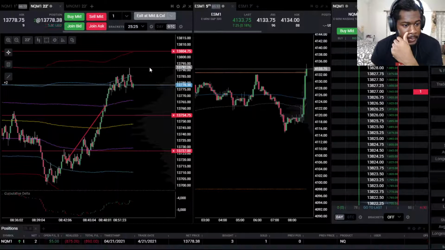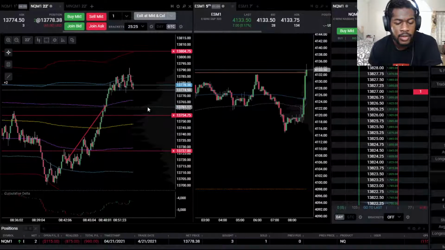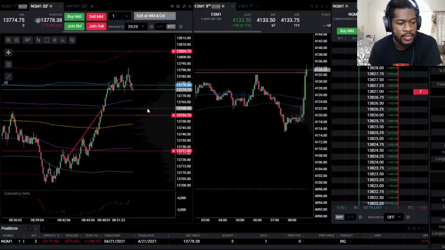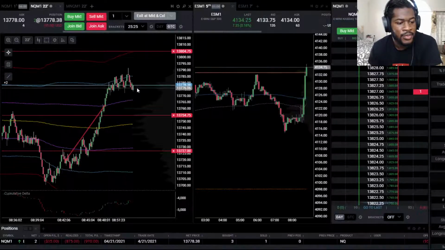Order filled. Adding a second. Right at the same level. Again, something I wouldn't do. Wouldn't normally buy right at my entry, my previous entry.